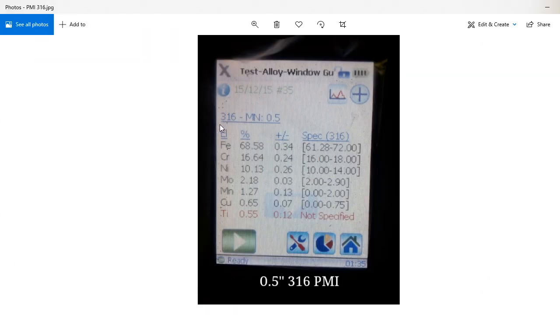This is for another material, SS316. What is added over here is moly. Earlier, molybdenum was not there, titanium was not there. So these two elements are added when it becomes SS316 material.